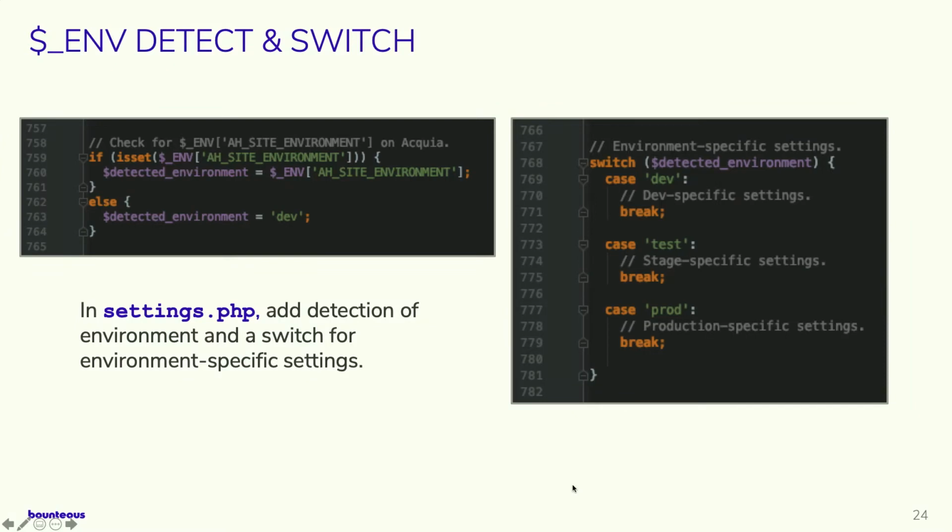Assuming it's our local, we'll want local config to match dev pretty closely. And then we have a switch statement, which is just a placeholder for when we want to insert those things into each environment.